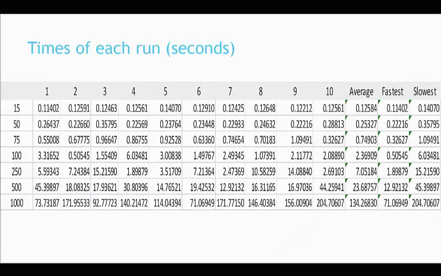Sorry about that. So again, I also wanted to keep track of the running times of the program when it was looking for the clicks and the click sizes. So I found, we'll go off of average, that the smaller data sets, of size 75, 50, and 15 all ran under a second. Size 100 was about 2.3 seconds.